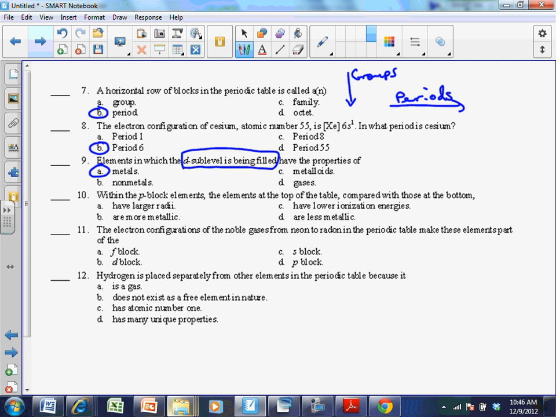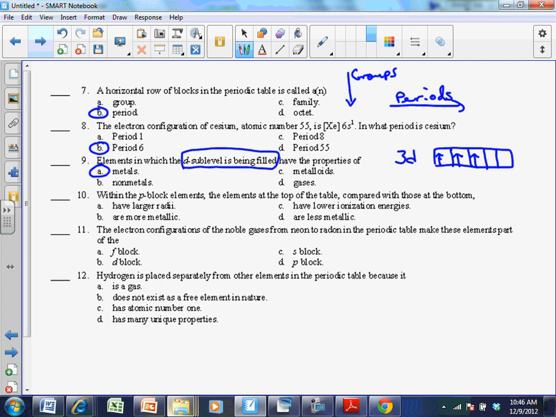So if you're filling electrons into the d level, say the 3d, then their outermost electrons are in the 3d. That means they're transition metals. You're in that region of the table. I think hopefully you get the picture. They're transition metals, the d block transition metals.